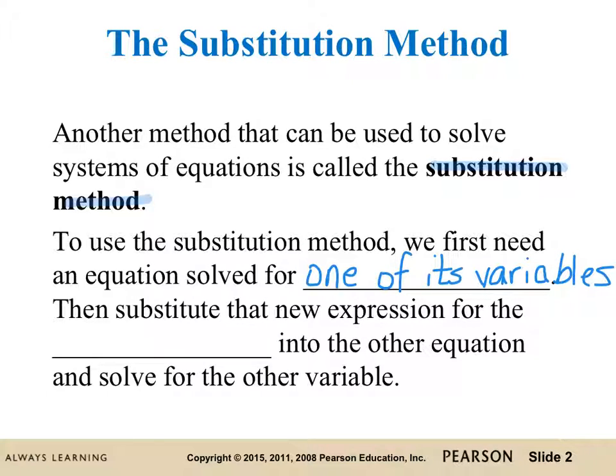Then we'll substitute that new expression for the variable. Since the variable and the expression are equal, we'll substitute the new expression for that variable into the other equation, and then we'll solve for the other variable.